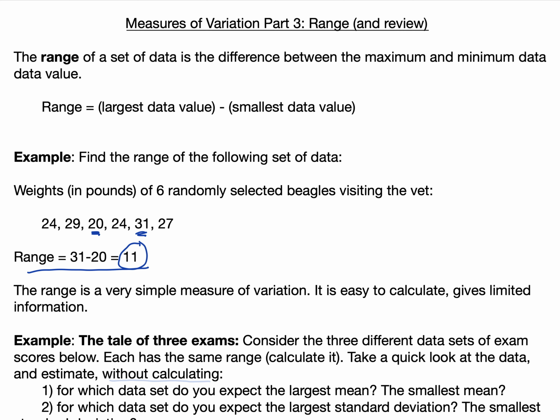But that's not telling you, are they close together and they all did very poorly, or are they close together and they all did very well, etc. So there's a lot of information missing from the range. And like many of these measures, it can be useful in context with other measurements as well. So with that in mind, let's look at an example together.